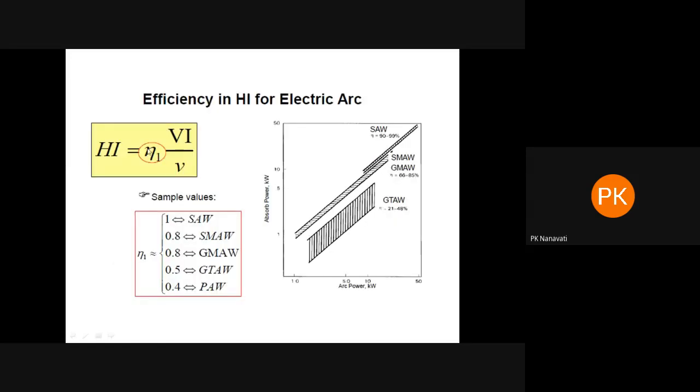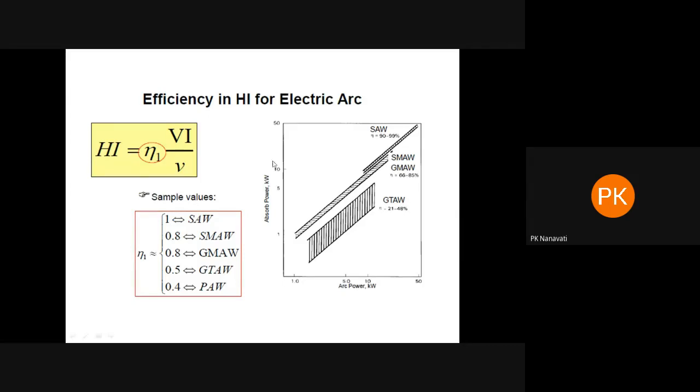Right? This eta, I was telling about this efficiency factor. This efficiency factor will depend on the different welding processes, right? Because if you are welding with the submerged arc welding process, it's a factor of 1. It means you have full use of the heat of the arc.